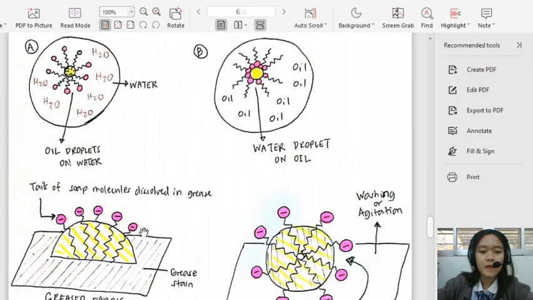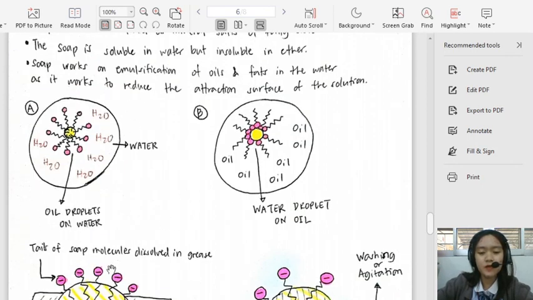So, ito siya. For example, gaano ka-hydrophobic yung inyong oils. When an oil droplet is on the water, ganito ang mukha niya, micelle, okay? So, sa labas yung water-loving part to interact with the water, and sa loob yung tails, which are water-fearing.